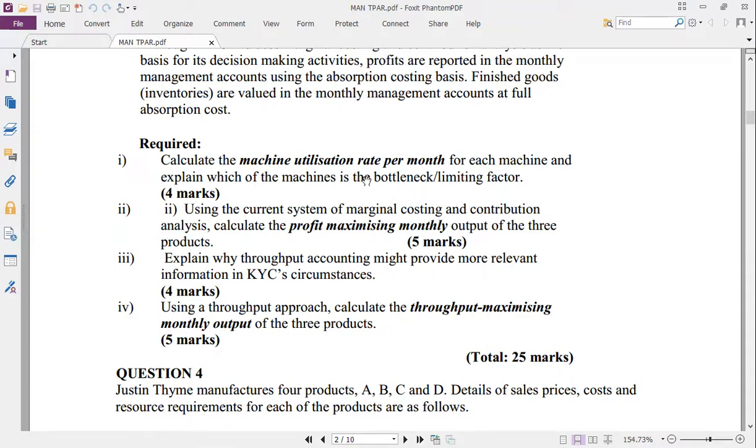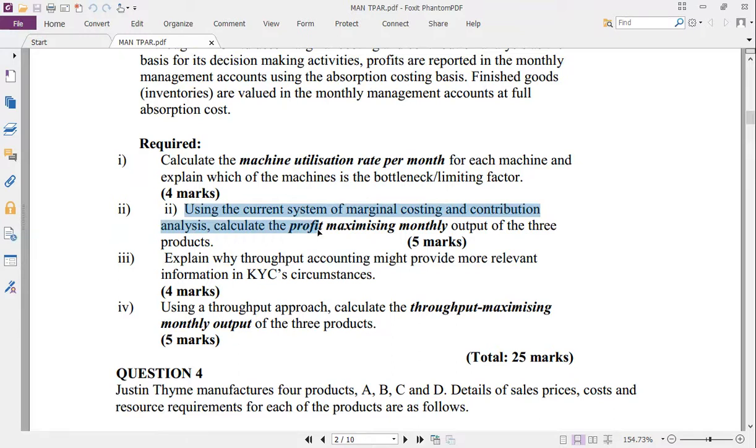So I'll give that one as an assignment. You try that one, just use contribution. How do you find contribution? Sales minus variable cost. First, get the limiting factor. Two, contribution per unit. Three, contribution per limiting factor. Four, ranking. Five, resource allocation. And six, maximum profit. That's all, so I'll leave it for you to try.